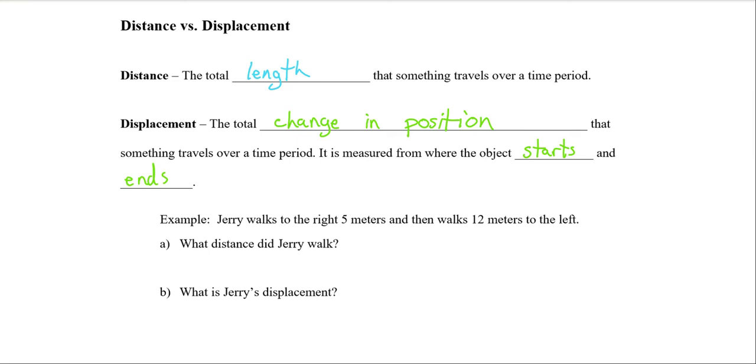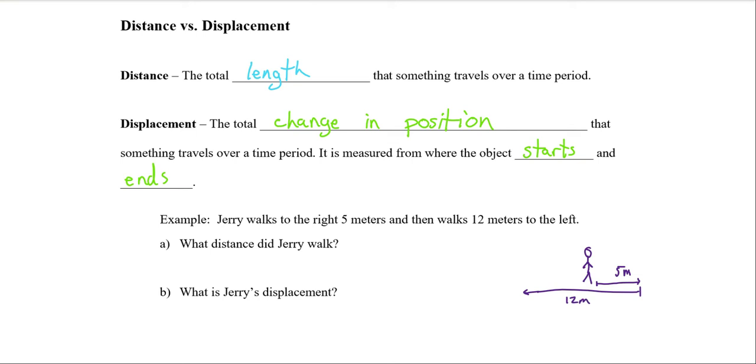So let's take a look at an example. And you know what? I'm going to start by drawing it out, and then we can figure things out from there. Jerry walks 5 meters to the right, and then chooses to walk 12 meters to the left.